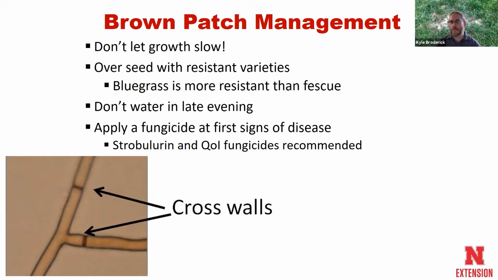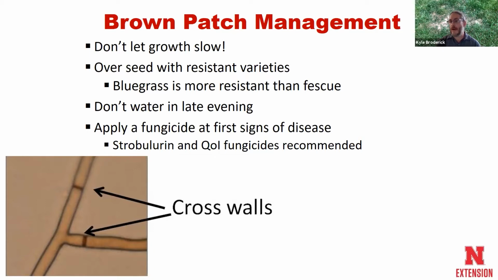And one thing that I had neglected to mention regarding this disease, and why it's so important to help that turf grow quickly, is because this disease only affects the blades. It does not affect the crown. It does not affect the root system.